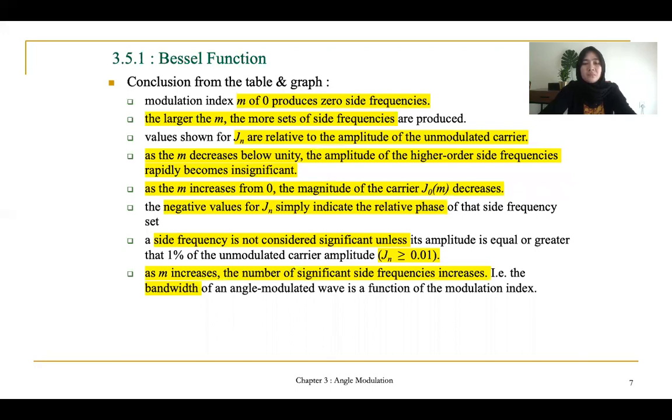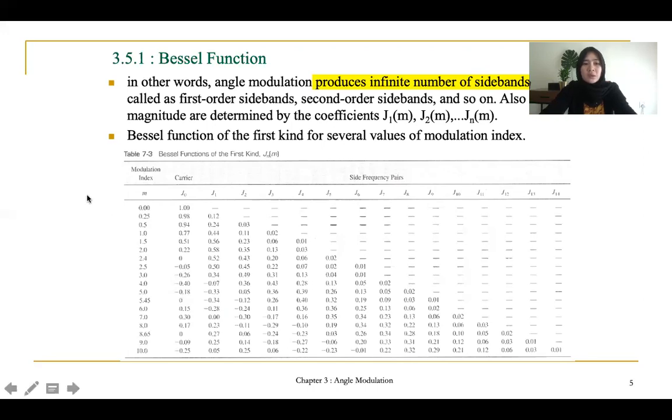We also know that the larger the modulation index, the more sets of side frequency produced. This is what I explained before. The larger the modulation index, the more the number of side frequency produced.